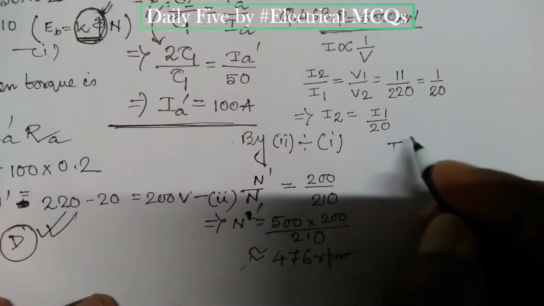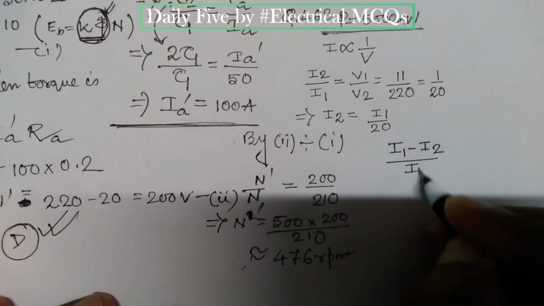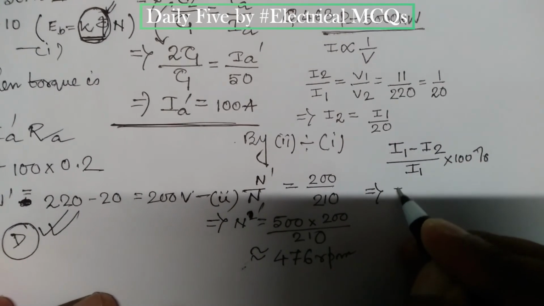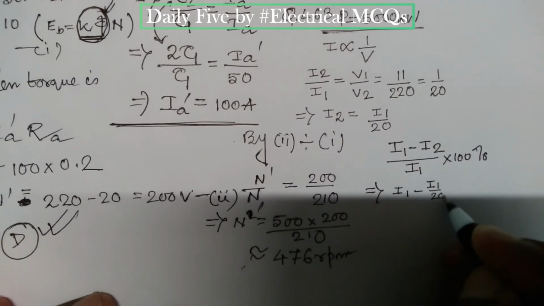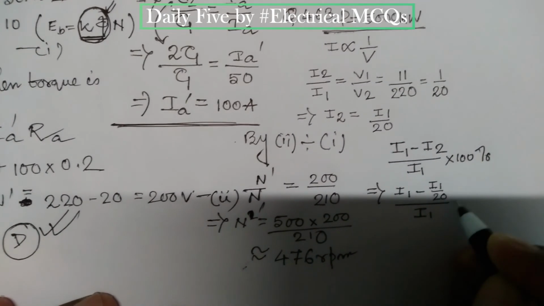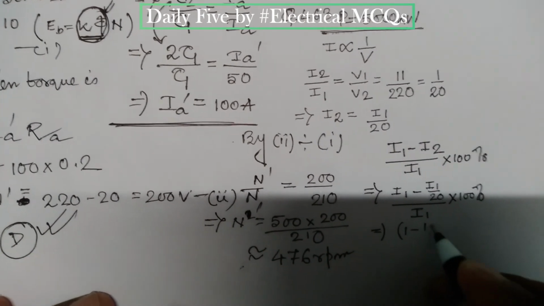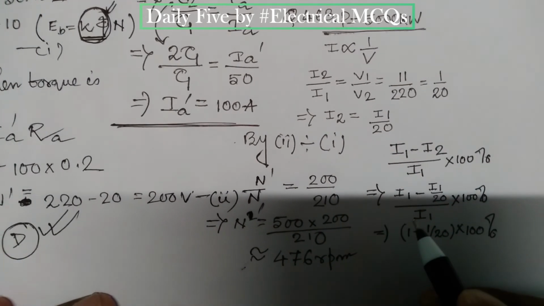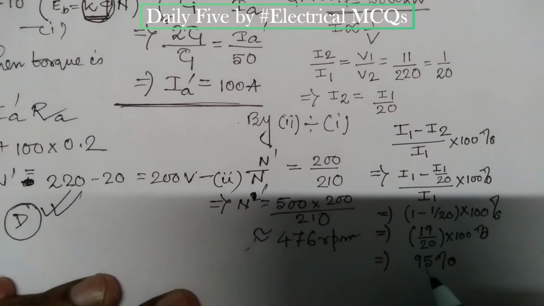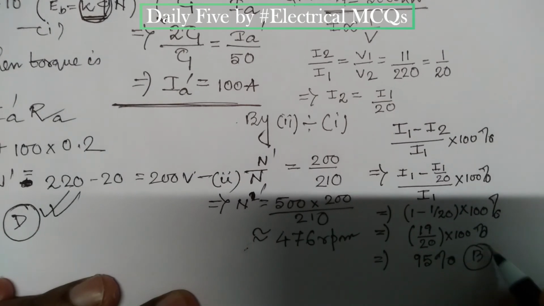Reduction in the current will be I1 minus I2 divided by I1 into 100%. So I1 remains I1, I2 is equal to I1 by 20, divided by I1 into 100%. So this will be equal to 1 minus 1 by 20 into 100%, as in the numerator and denominator I1 cancels out. So 95% will be the answer. Okay, so option B is the answer here.